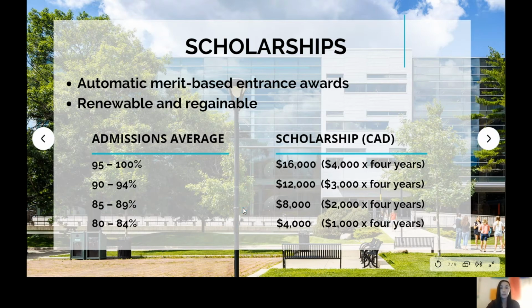If you are a student applying directly from Chinese high school and you have 80% or higher, we would automatically award you one of these scholarships as long as you meet all of the other admissions requirements. So if you are eligible for one of these scholarships, this will be indicated to you in your offer of admission letter, and that is another component that may help you make your decision.